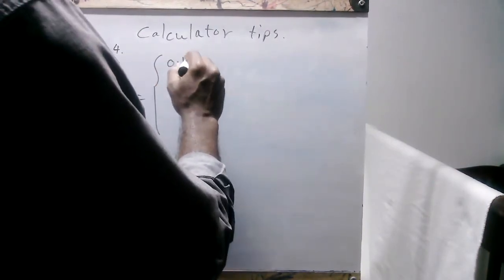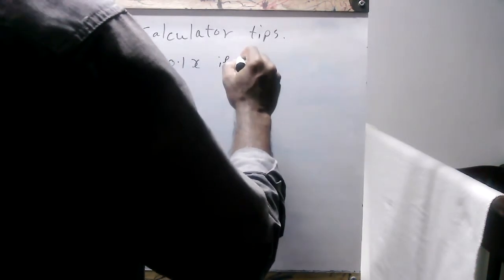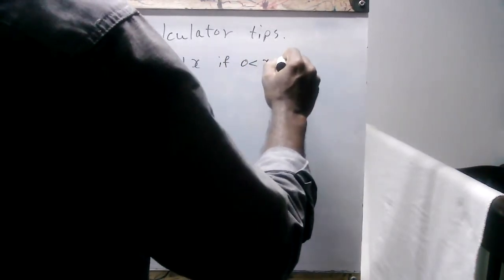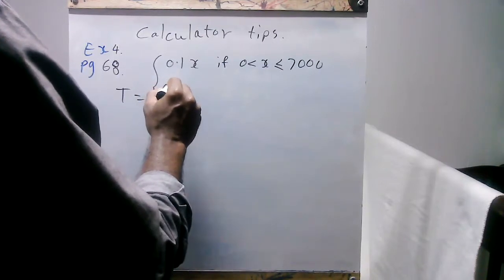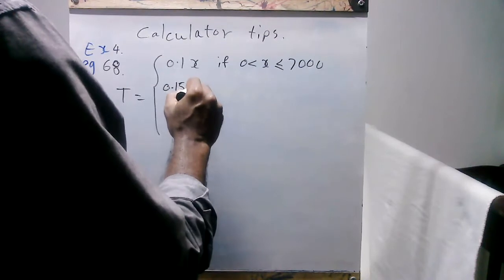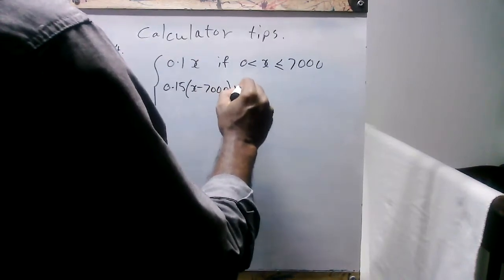0.1x if 0 is less than x less than or equal to 7000; 0.15 times (x minus 7000) plus 700 if 7000 is less than x less than or equal to 28,400.